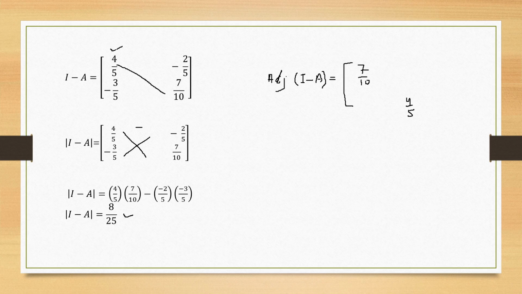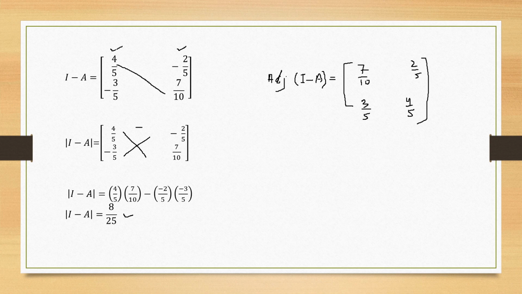For the off-diagonal elements, minus 2 by 5 and minus 3 by 5, we change only the sign. So minus becomes plus 2 by 5, and the second element becomes 3 by 5. This is the adjoint of I minus A.